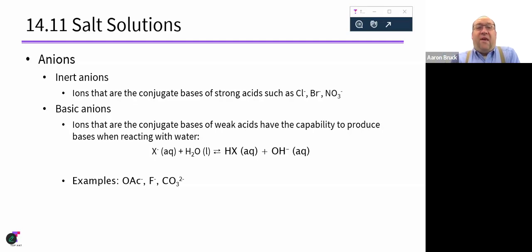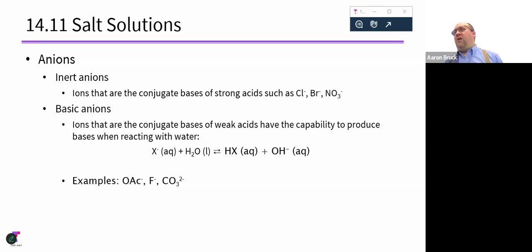The ions that are basic are the conjugate bases of weak acids. So these are things like oxalate, sulfide, hydrogen sulfite, acetate, fluoride, carbonate. So think of all of your classic weak acid combinations.